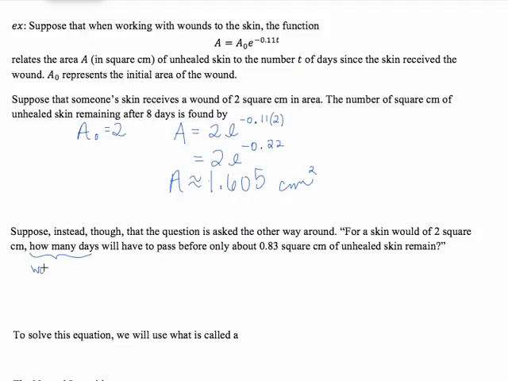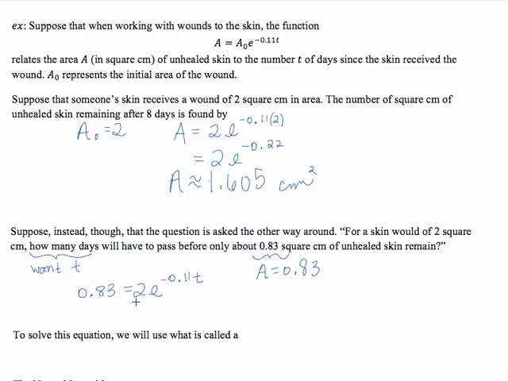That means we want the value of t before the area A of the wound equals 0.83. Well, if we plug into the model up here 0.83 for A, equals 2 times e to the negative 0.11t. And we want to solve for that value of t.